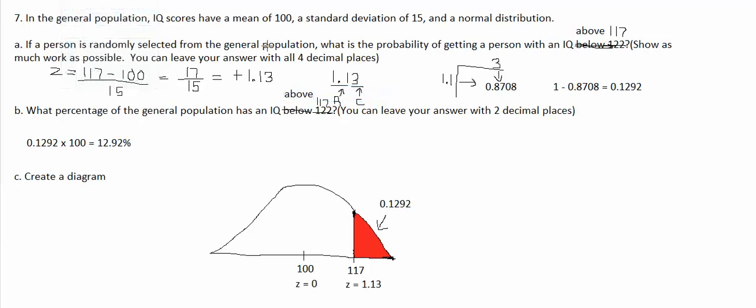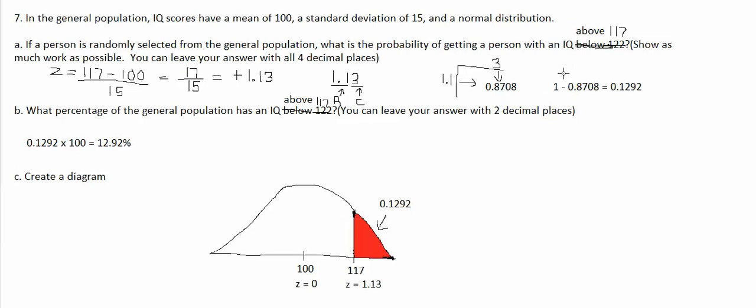And then the diagram that you make is the same, except you shade going toward the right instead of to the left, because now in this problem we solved for the probability of getting a person from this red area, which is everything above 117. So the probability of getting a person from this area is 0.1292. The probability of getting a person from the white area is what we solved for in the last problem. It was 0.8708.